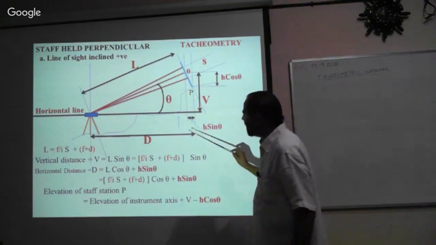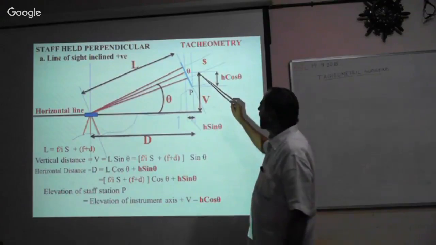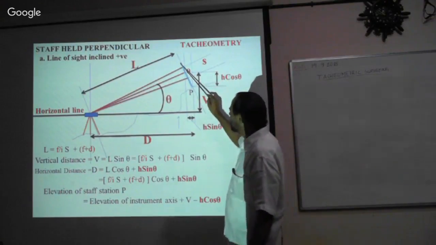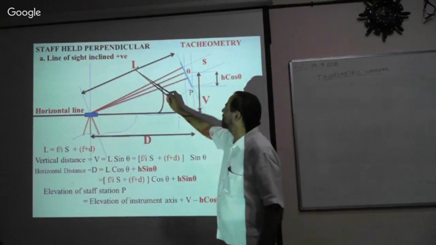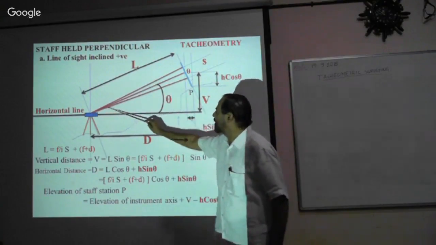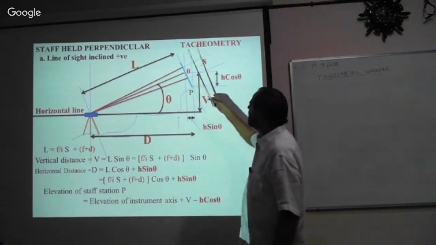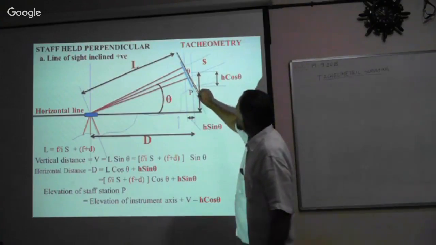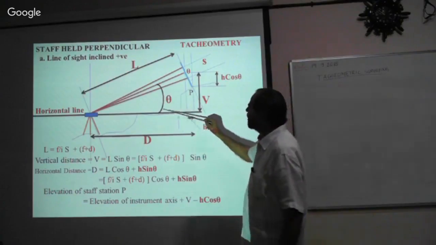Now this is D and this is V, and from the staff to the instrument axis, this is L. So these are the normal sides, because the staff is held perpendicular. And also measure the vertical angle.